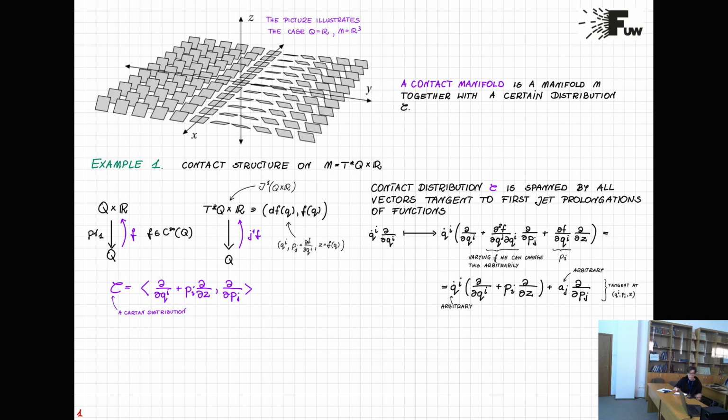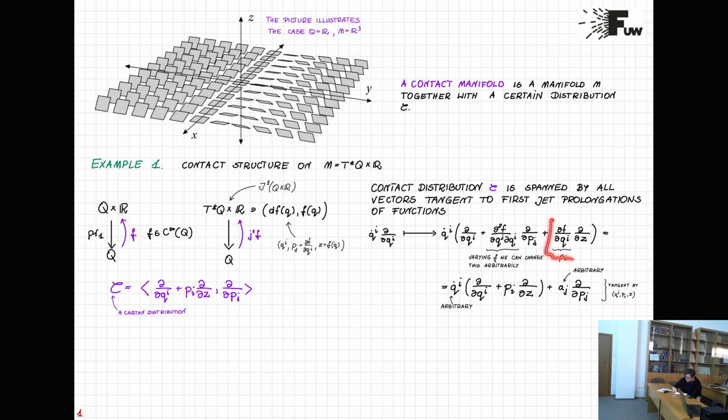And then when I get the set of all those vectors, I span the distribution of them. So let us look how this lift looks like. It of course has to project to the original vector, so there is this component coming from the base.